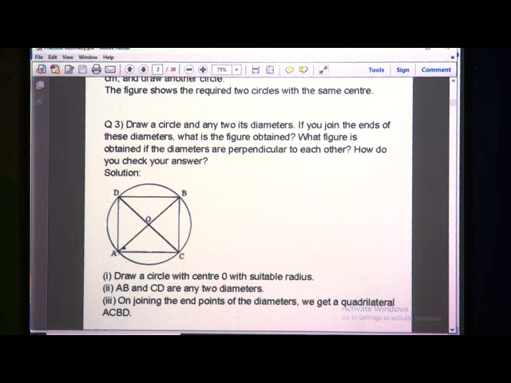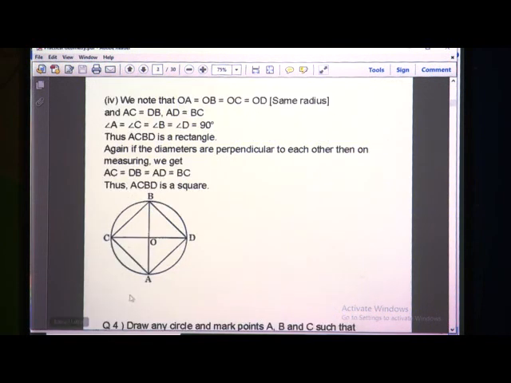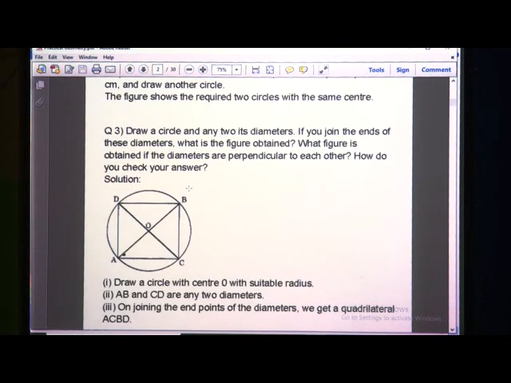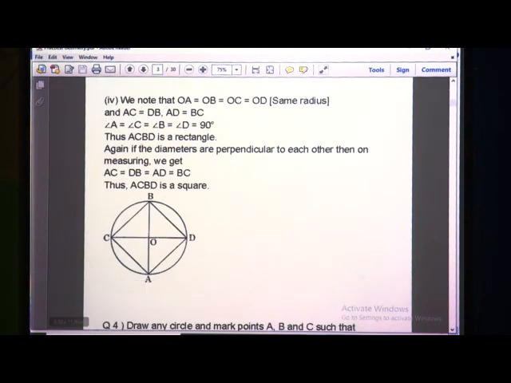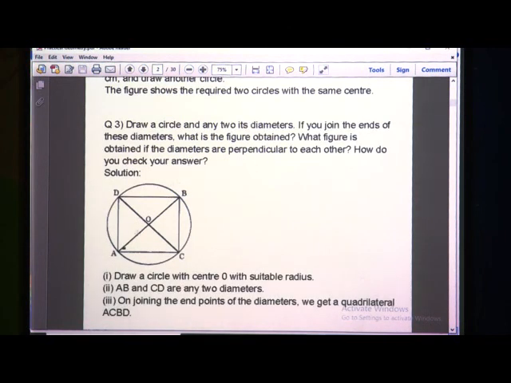We know that OA is equal to OB is equal to OC is equal to OD. Now, you can see here OA, OD, OB and OC, all these are radii, which are of the same length, and AC is equal to DB.